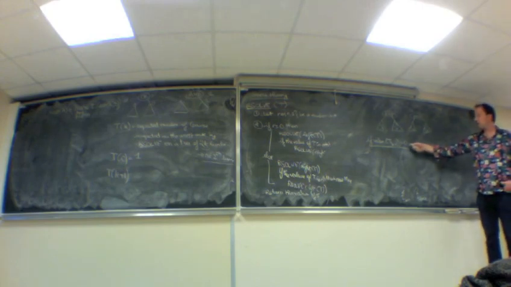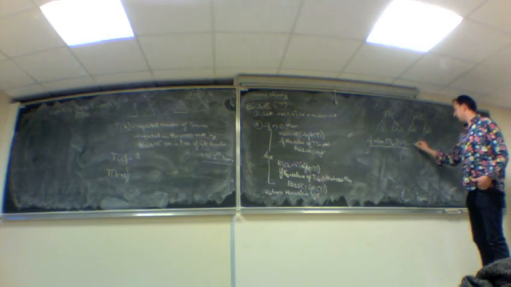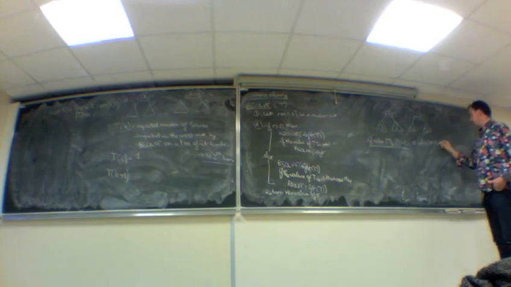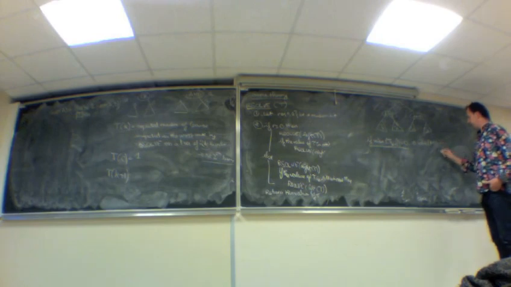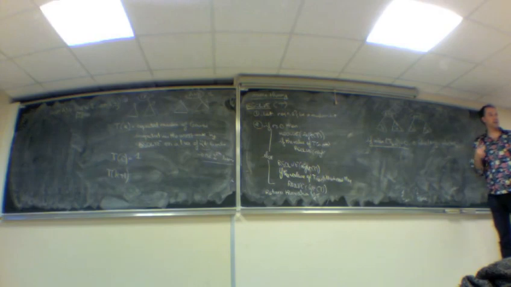So imagine that the value of the tree is 0. This implies that the value of the left AND and the value of the right AND is 0. Okay, if the value of the OR is 0, then the value of the 2 subtrees are 0.